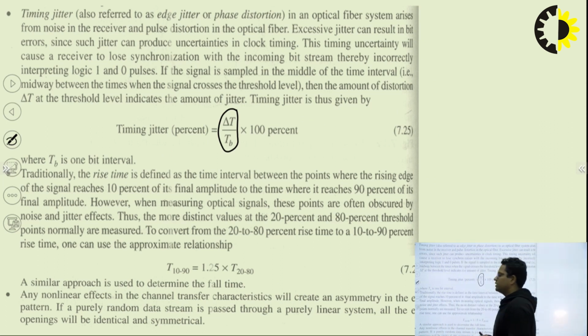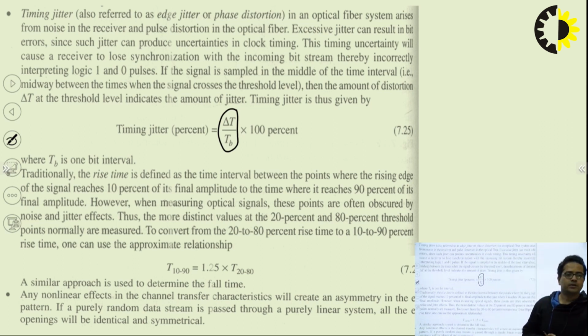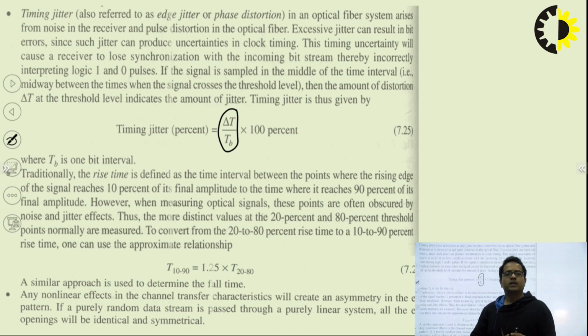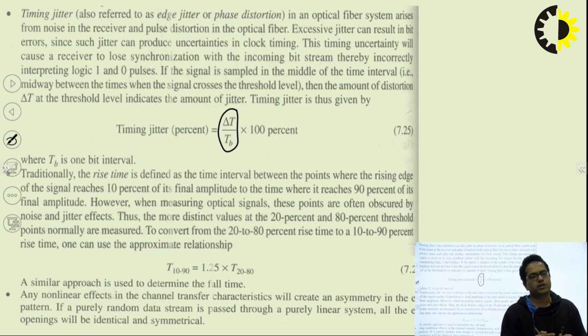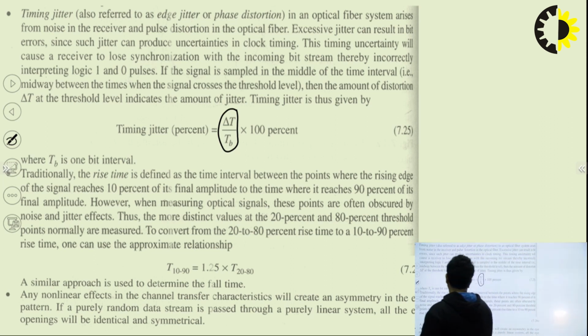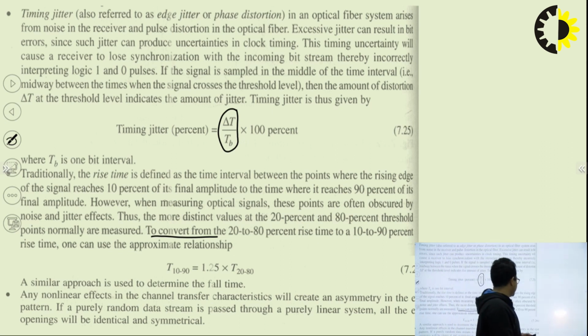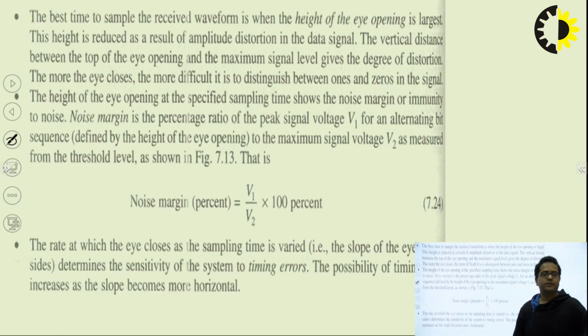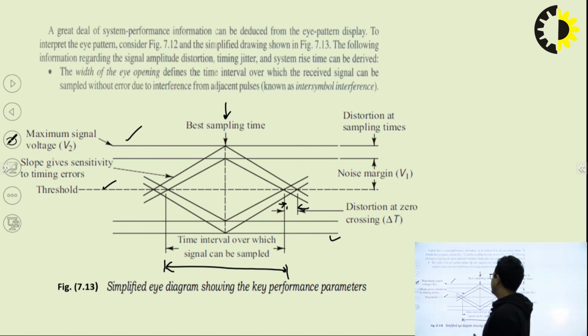So what is happening? This rise time: now there are two things, rise time and fall time. What is the rise time? The time that a system requires to move from 10% to 90% of the final amplitude. That is the time which can be considered as the rise time. The more distinct form is the 20 to 80% rise time, and we can see it from this diagram.